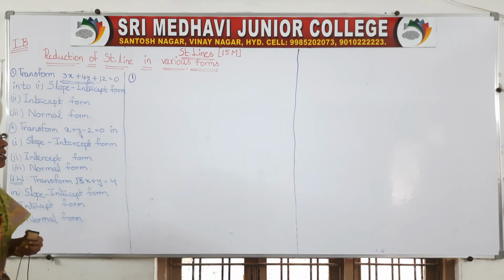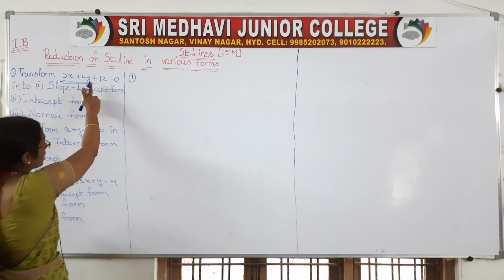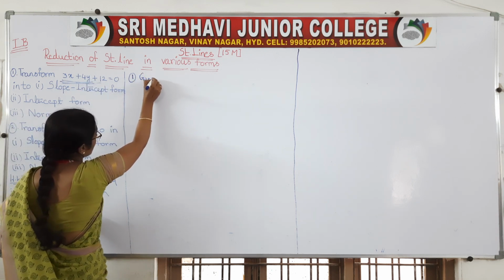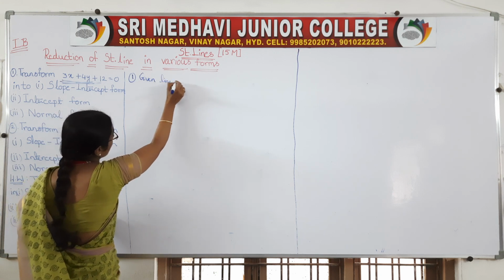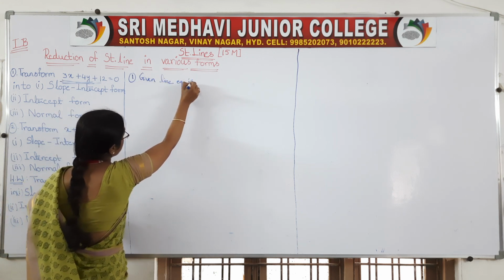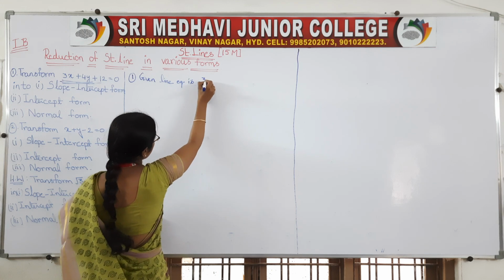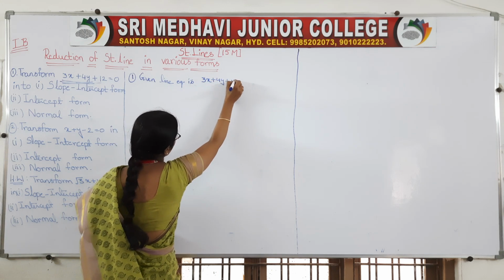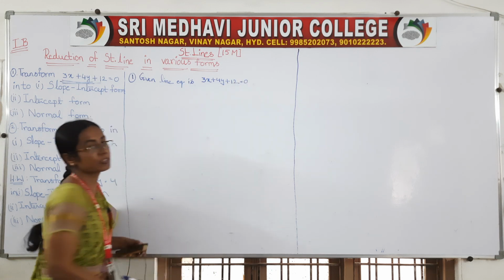So take the first one. What is the given line equation? The given line equation is 3x plus 4y plus 12 is equal to 0.